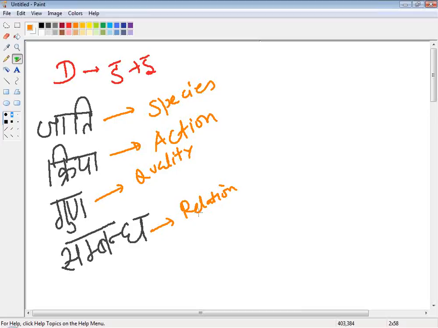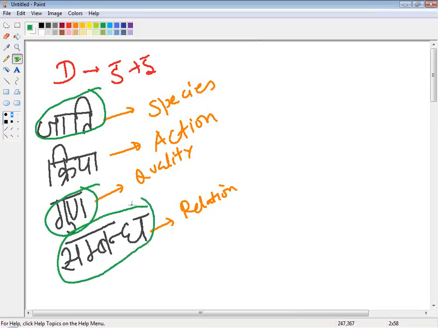It can talk of a species, it can talk of actions, it can talk of quality, it can talk of relationships. Now, if you look further within this, then what are we going to find? You will find that Jati and Guna and Sambandha, these 3 can be seen as nouns.